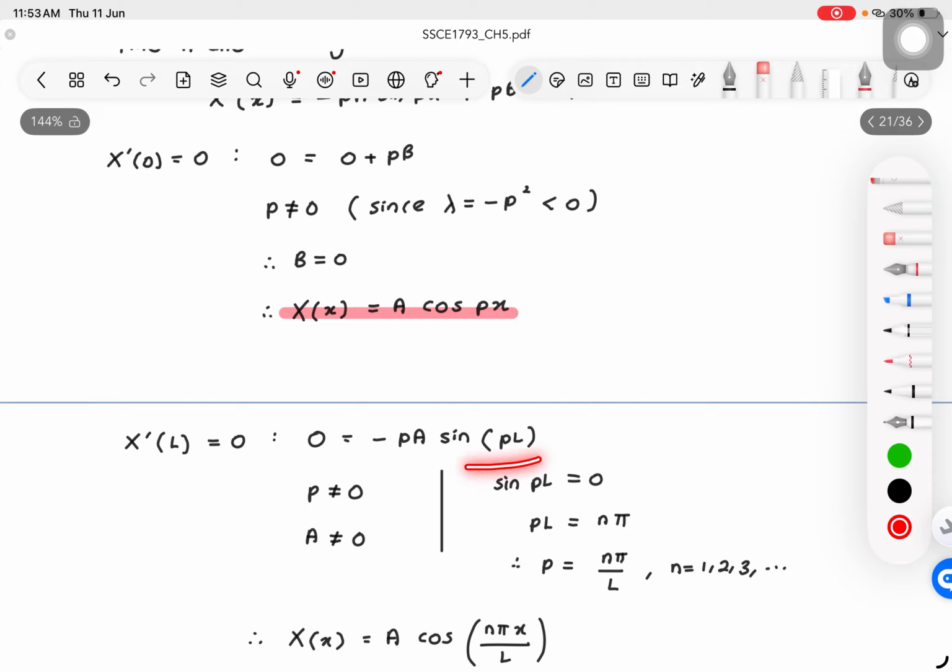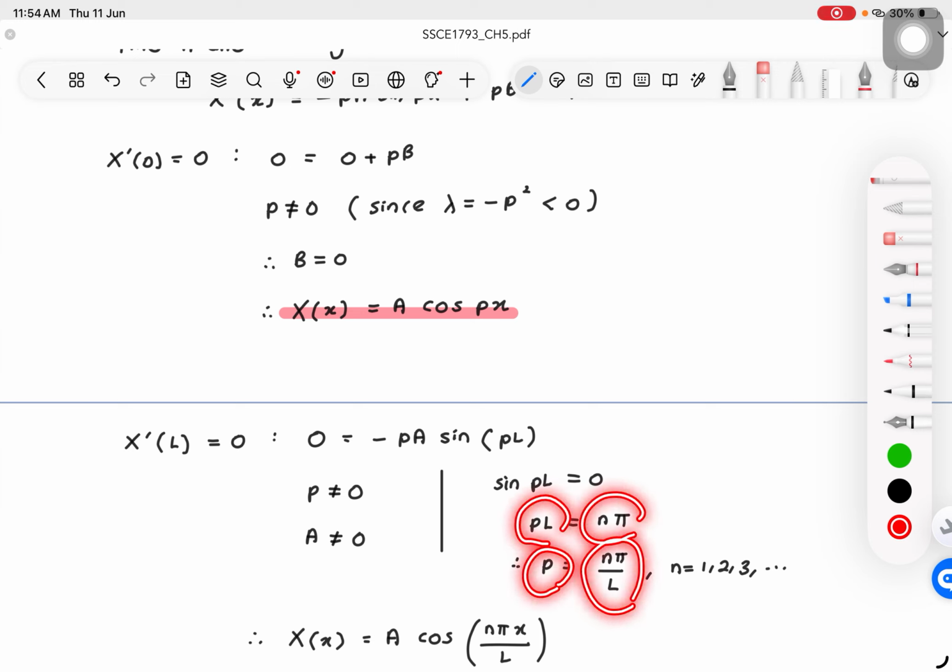If you have sine, usually it will be equal to 0. So if p is not equal to 0 and sine is equal to 0, only one term will be equal to 0. So sine PL is equal to 0, we have PL is equal to n pi, so p is going to be n pi over L, where n is 1, 2, 3.